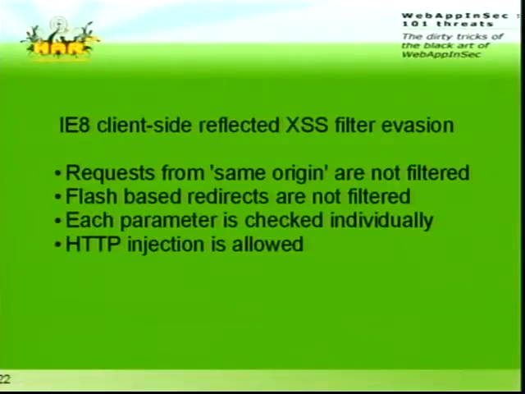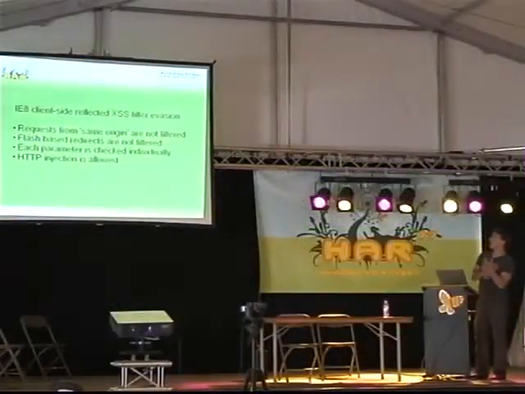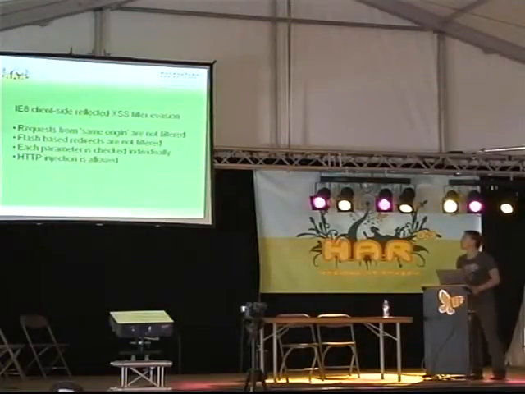That includes malicious code in one of the parameters, and because the link is reflected in the page, when it's clicked by the user, it comes from the same origin as the site. So it's as the first row says, requests from the same origin are not filtered.